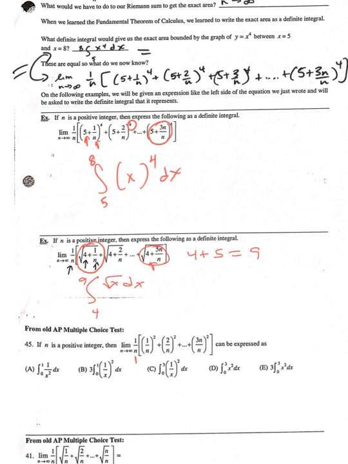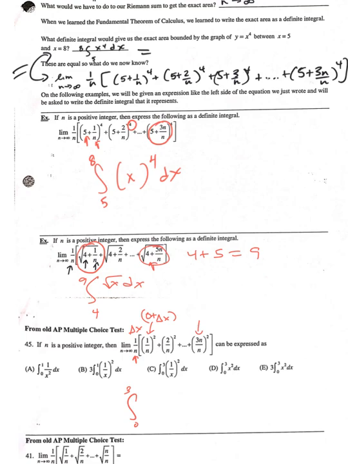So we have 1 over n, that's your delta x. Now I need to know where you start from. Well, that's 0 plus delta x, so I'm starting at 0. Where am I ending? I'm ending at 3n over n. Well, what's 3n over n? I'm ending at 3, right?